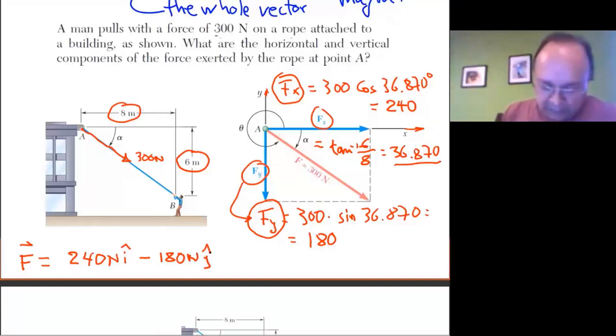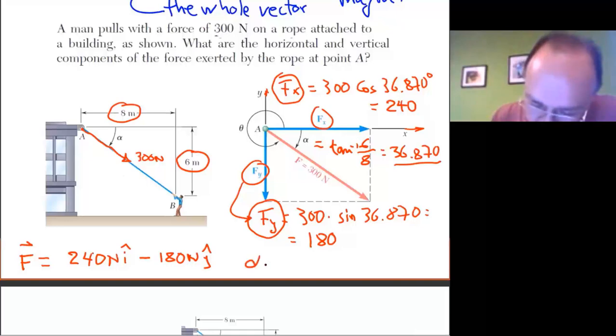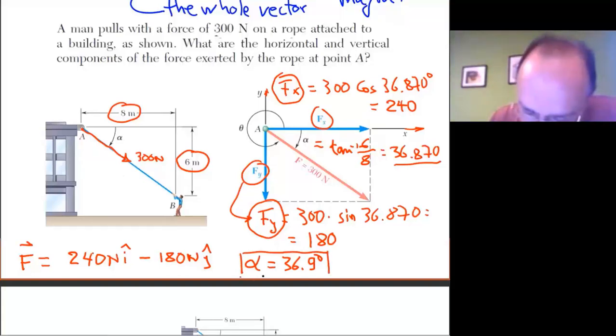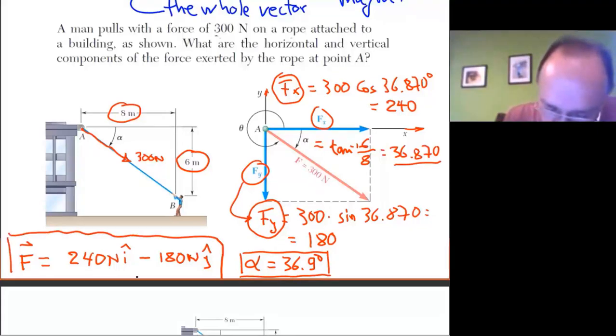Negative. That will be the force given as a function of its components. And alpha equals 36.9 degrees. This is not the final answer because they gave us the dimensions. The answer here is the components of the vector.